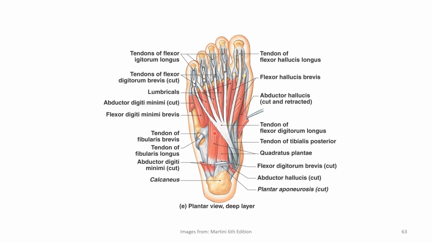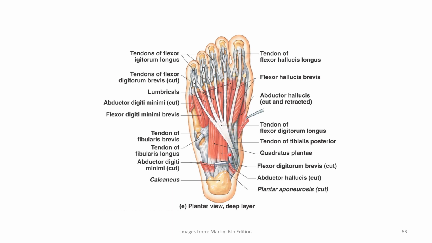This will look like it's part of that muscle, but this is a separate muscle. This is the quadratus plantae, or pronounced quadratus planta. Also seen here is the tendon of the flexor hallucis longus.